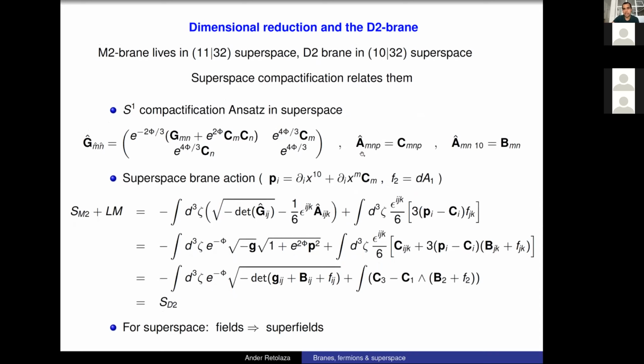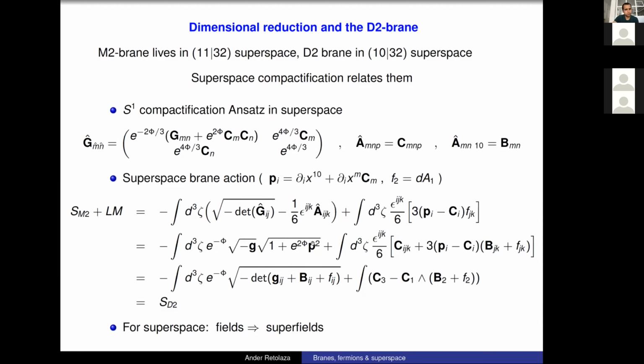Now you make an ansatz for these superfields and decompose them into 10-dimensional superfields. The decomposition is exactly the same. Basically, I'm taking every field in 10 dimensions and saying that it is now a superfield, and everything is exactly analogous.